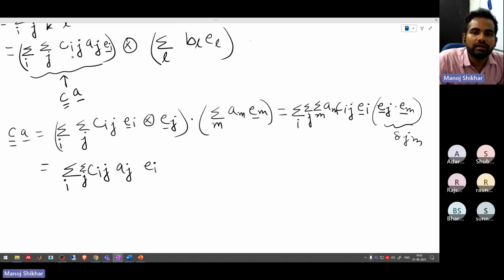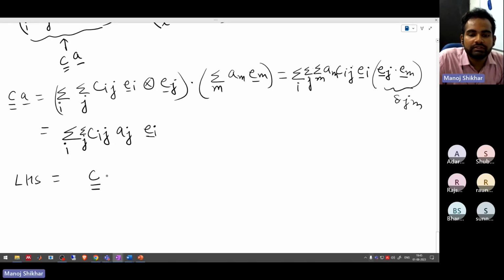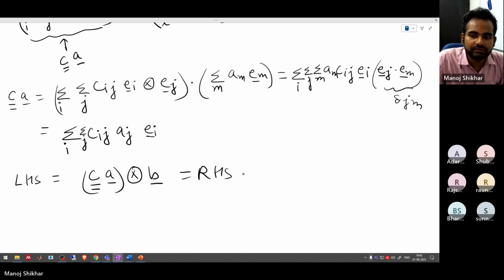So you can see we are having the same expression here. Cij, Aj, Ei. Thus we can replace this by Ca. So what we will get? LHS equal to C into A dyadic B, which is equal to RHS.